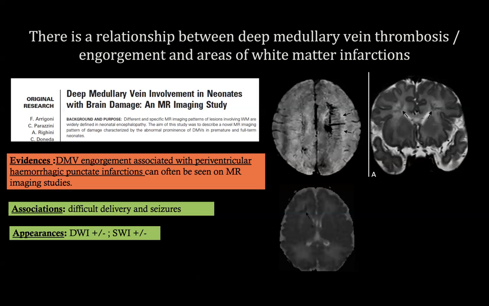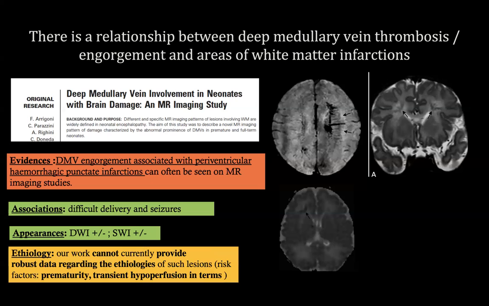So they look like venous infarction in different stage of development. The etiology is much less clear, and they want to stress this. But of course, prematurity, hypoperfusion in term or preterm infants is also a risk factor, and this can be found in preterms, but also in term babies.